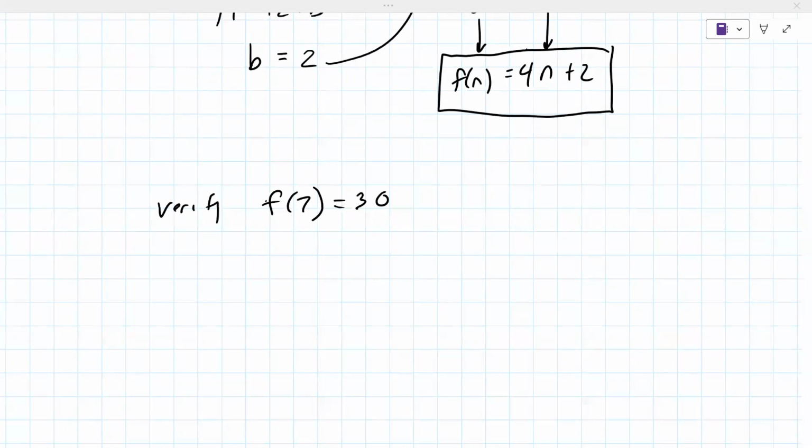I'll write it out for you in case you see it later. 4 times 7 plus 2. So f of n equals 30.